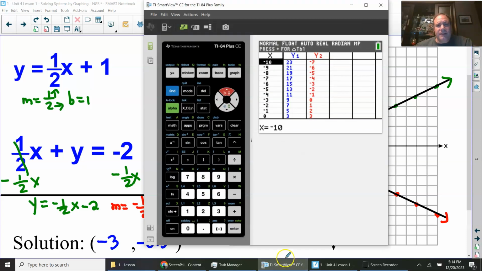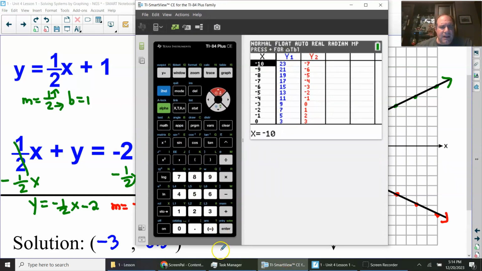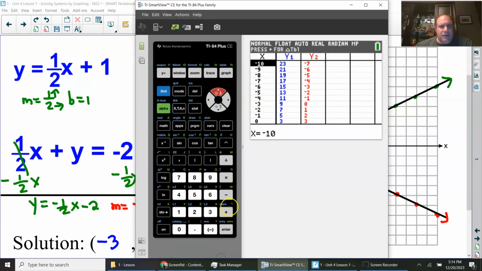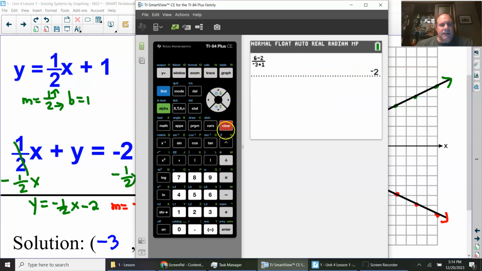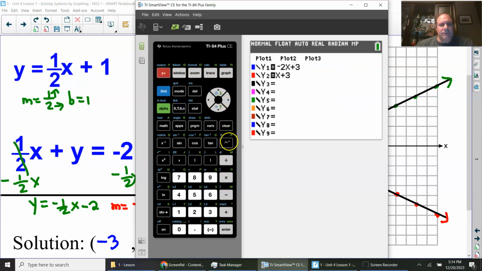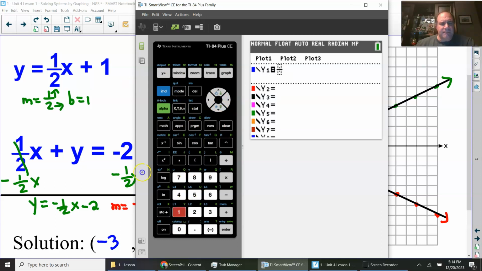So I'm just going to bring up the calculator right now and show you something that I should show. If we press graph right here, I'm going to clear this out and go to y equals, clear the other two lines out, and graph alpha x. That's how you bring your fraction up, which is 1/2 x plus 1.